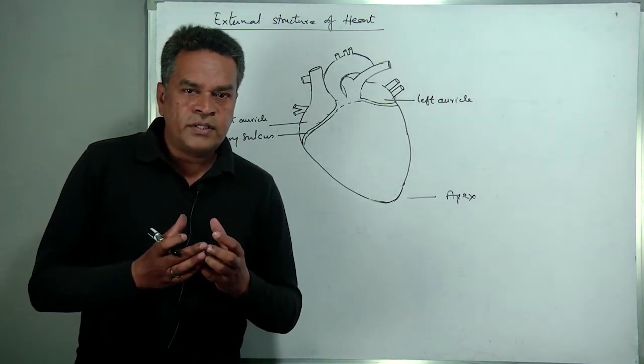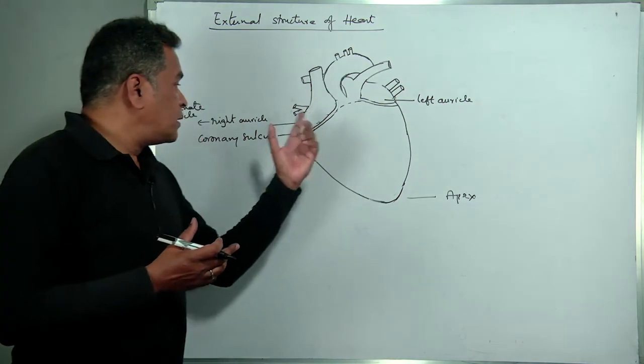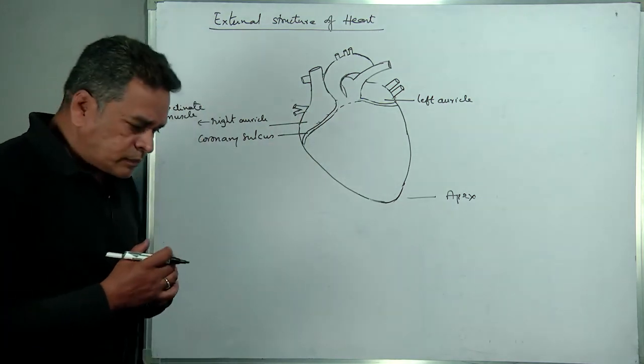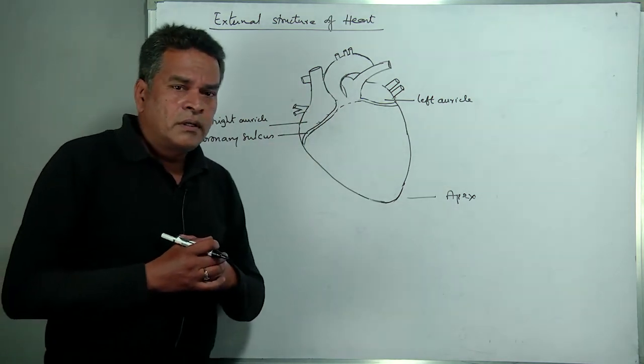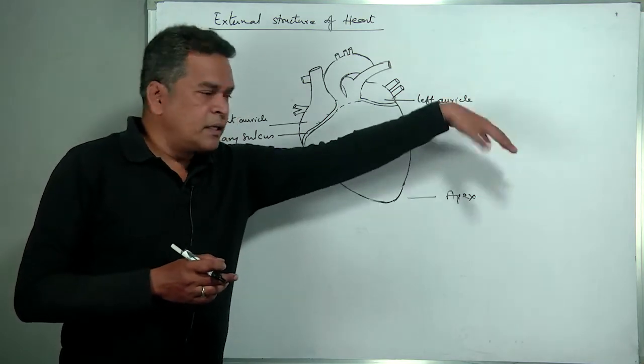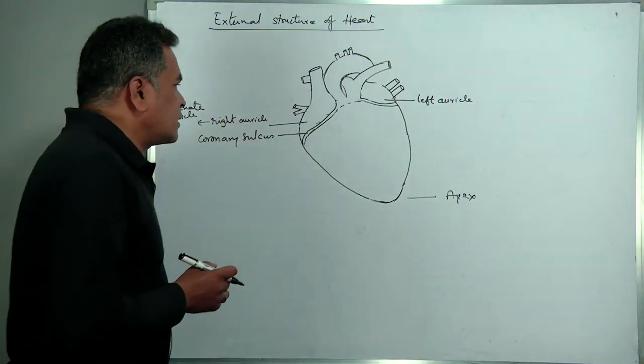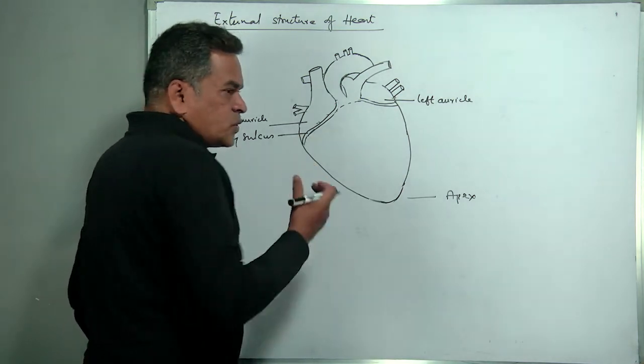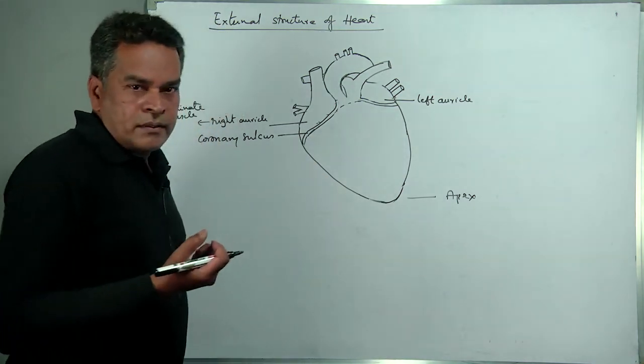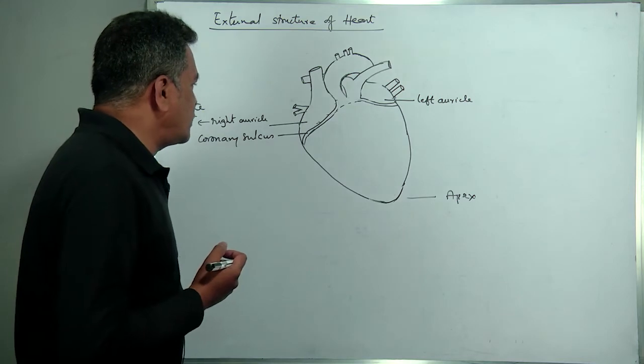Atria are the receiving chambers, right? I will discuss where the right atrium receives blood from when I take up the internal structure. For now, understand that the significance of the right auricle is to accommodate more blood.